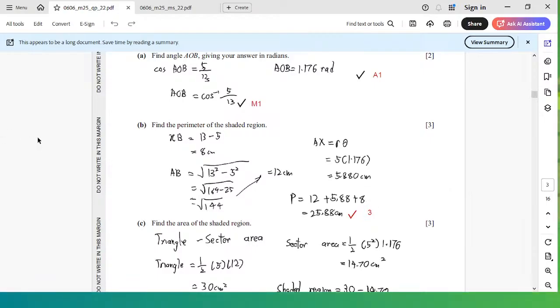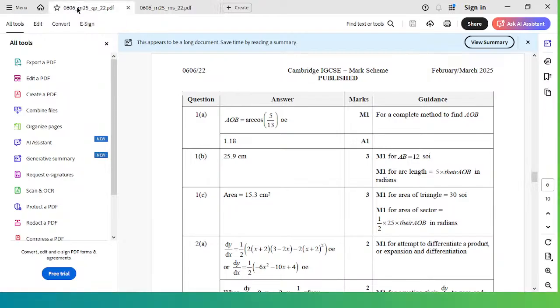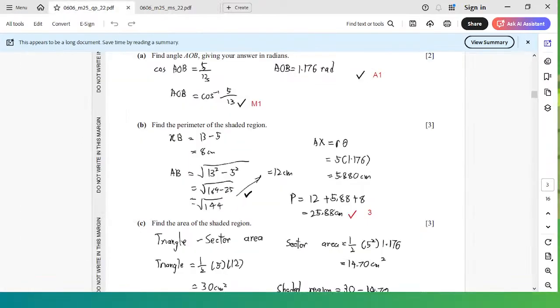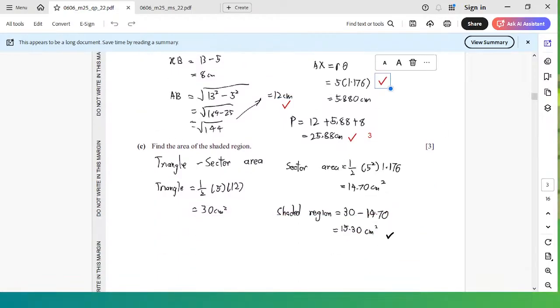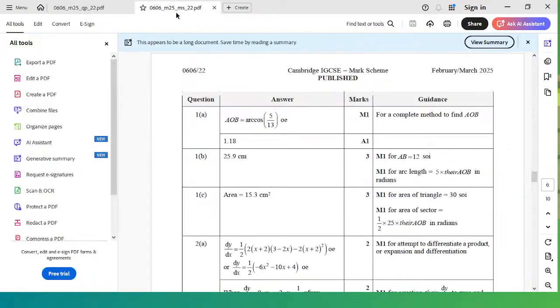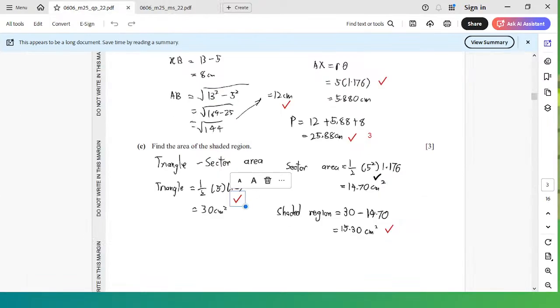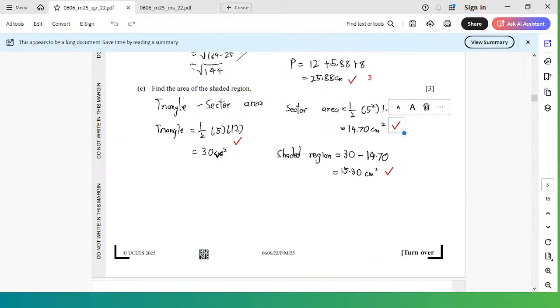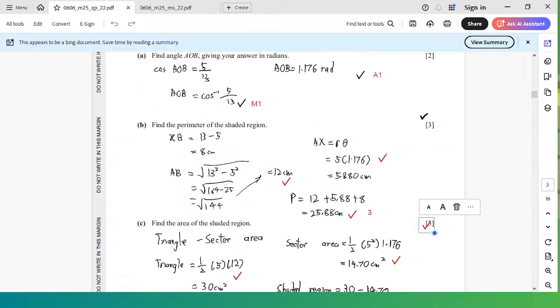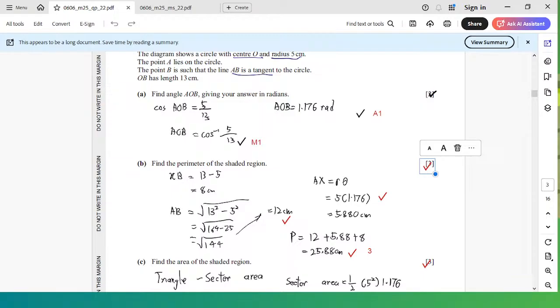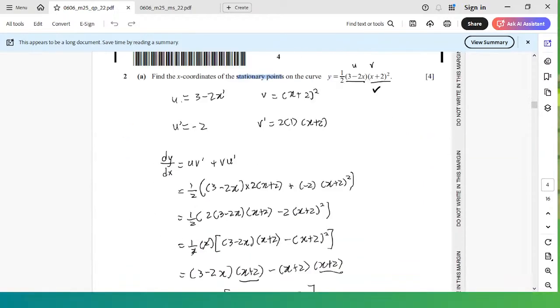The other 2 marks come from showing that it's 12 and 5.8, 5 times 1.176. Finally, 15.3 also gives me the final mark. Area is 15.3. The method marks are area of triangle and area of sector. So far I am 8 for 8, which is definitely great.